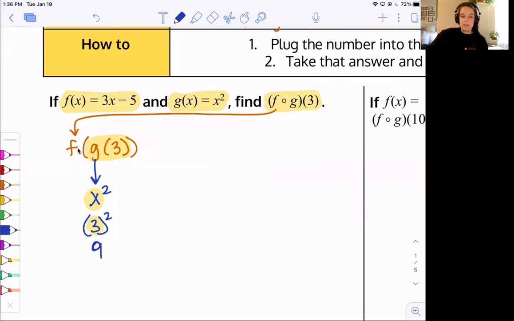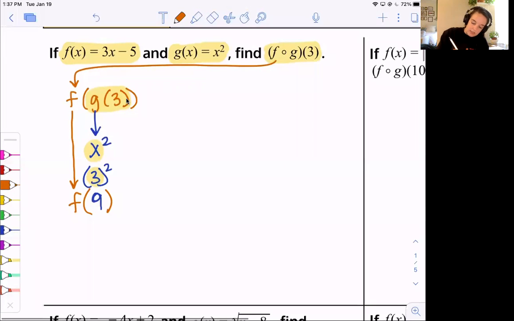Now we're going to go to the outside parentheses, which is f, right? So here, my f function is going to pull all the way down, and I'm going to do f of 9. So now I'm going to take the 9 and substitute it into the f equation. So I'm going to take this equation here, which is 3x minus 5, and I'm going to substitute the 9 in for the x.